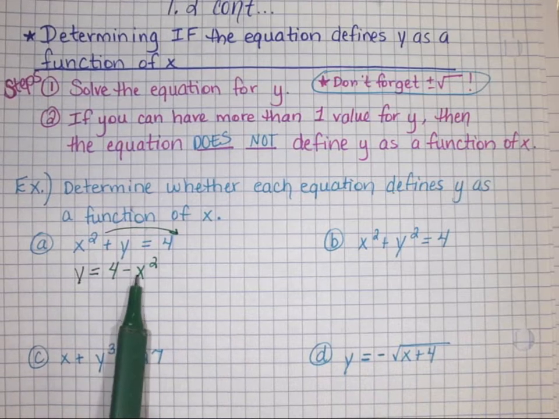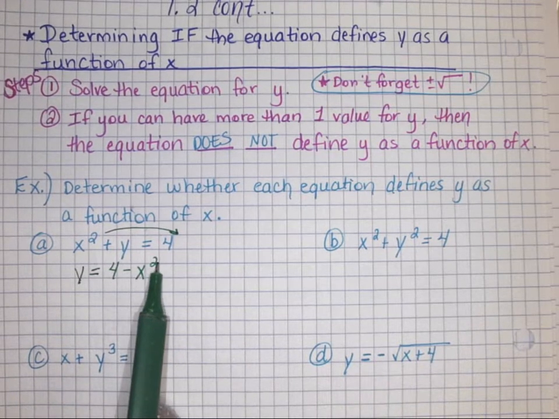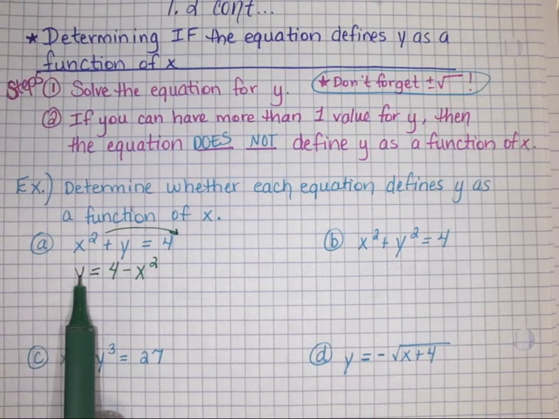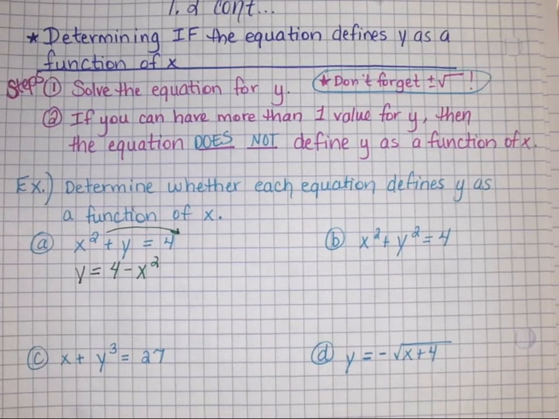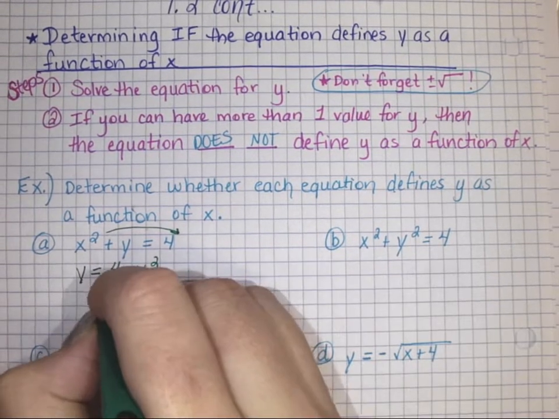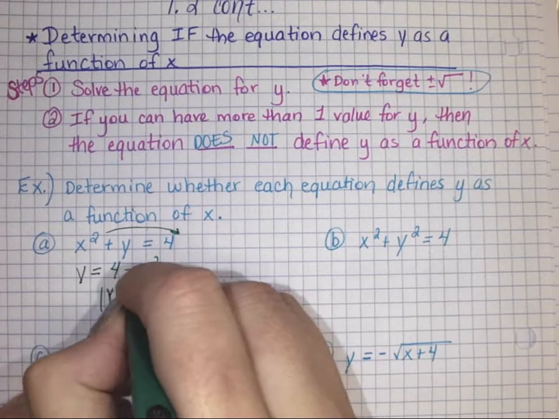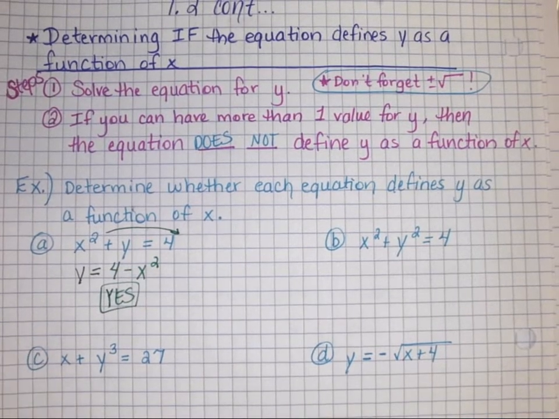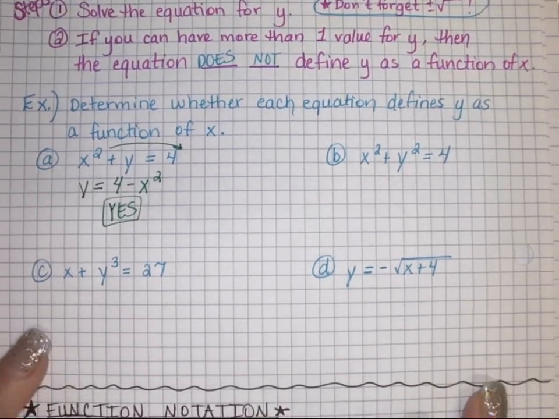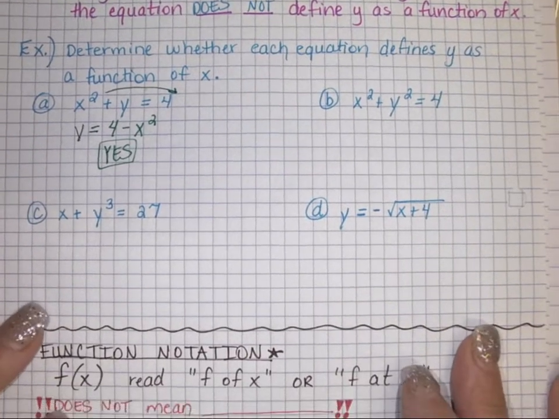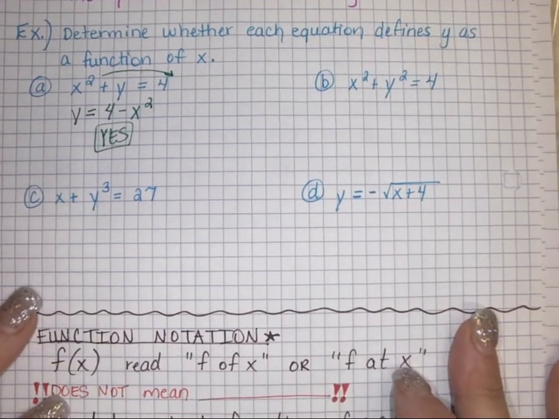For example, if I plug in -5 and square it, notice I'm only going to get 1 possible value of y out. So in this case, it's yes. And I'm going to show you a shortcut in a second to help you easily arrive at your answer without having to do much work, which I know you guys will definitely be appreciative of.